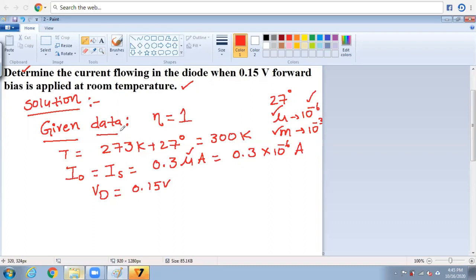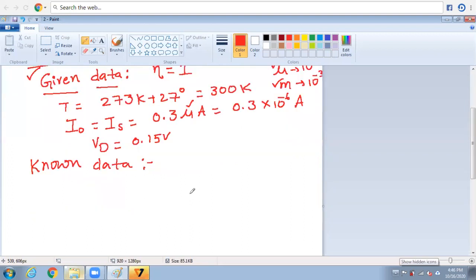After the given data, you have to mention the known data also. The heading is known data. Known data means whatever you know earlier, without it being given in the problem. In the diode equation, you will see one parameter called VT.